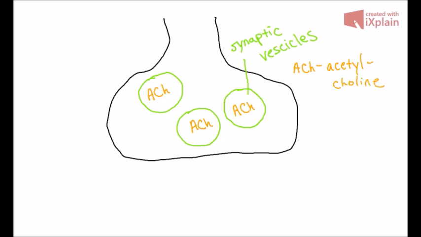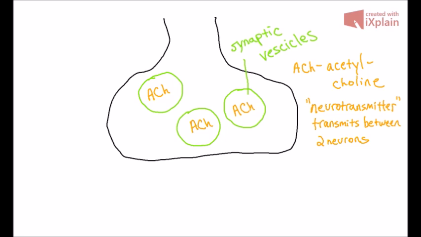Now, acetylcholine is a neurotransmitter. And a neurotransmitter just means something that transmits between two neurons. So that's why it's called a neurotransmitter. It transmits between two neurons.